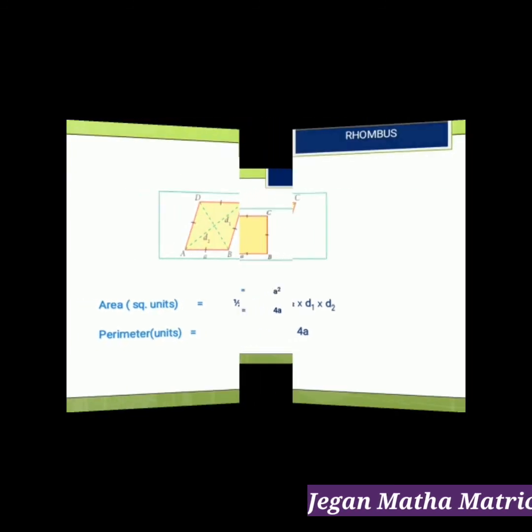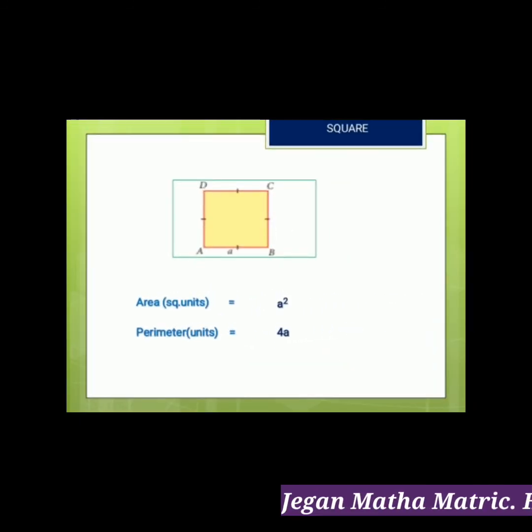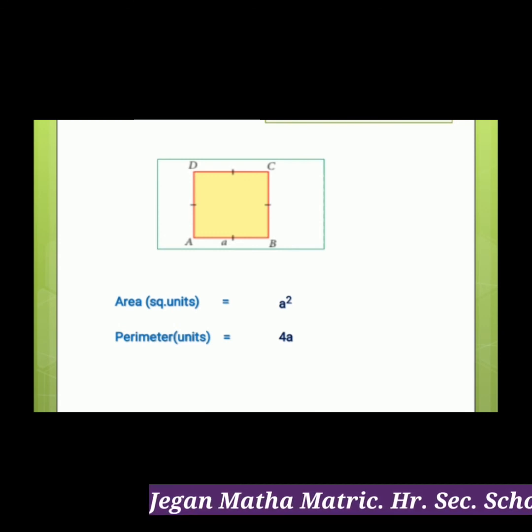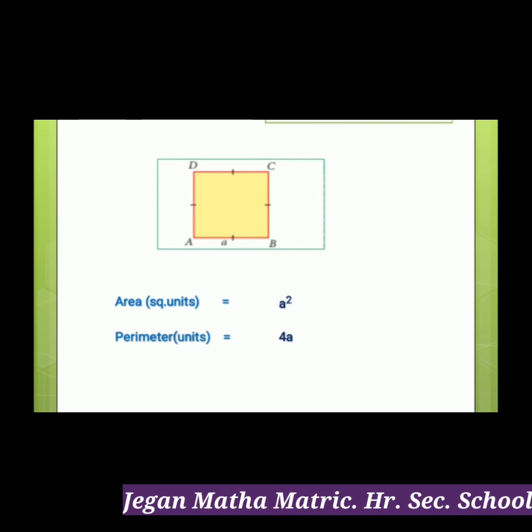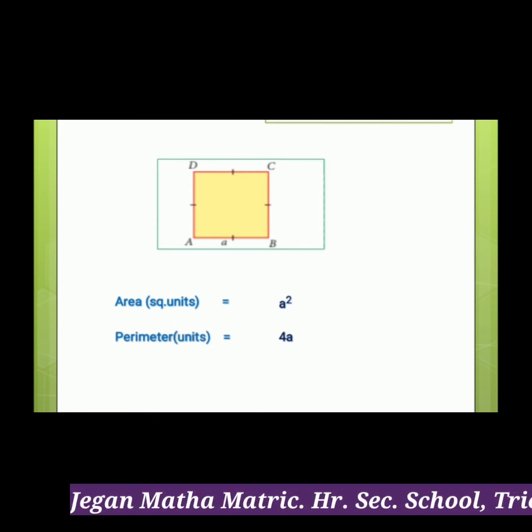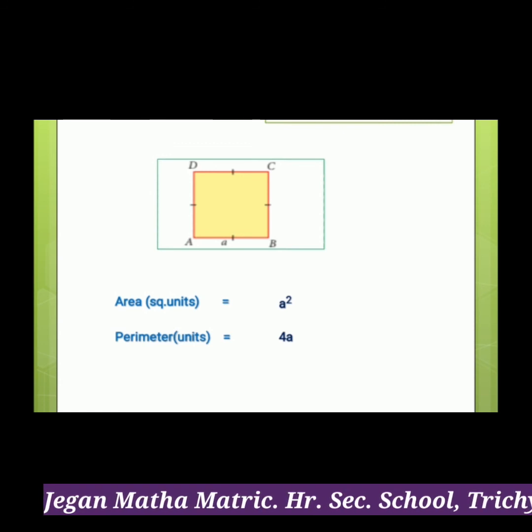The next shape is square. A square has 4 equal sides and 4 right angles. Here AB, BC, CD, DA are all equal sides. The opposite sides of a square are parallel.